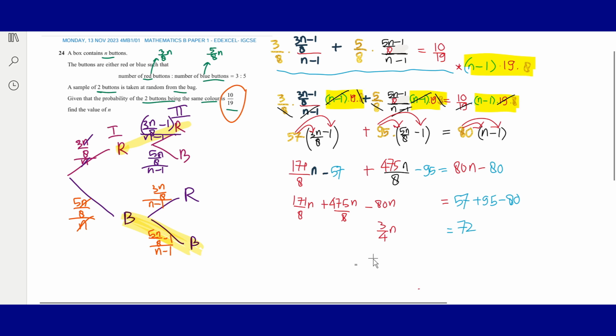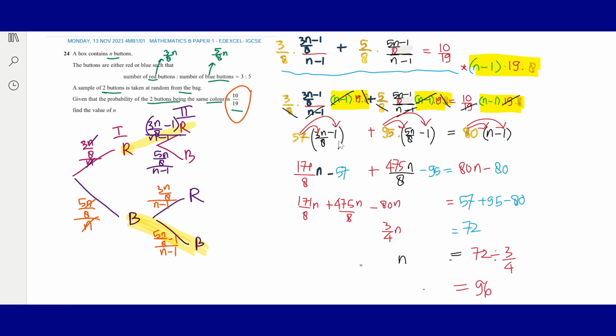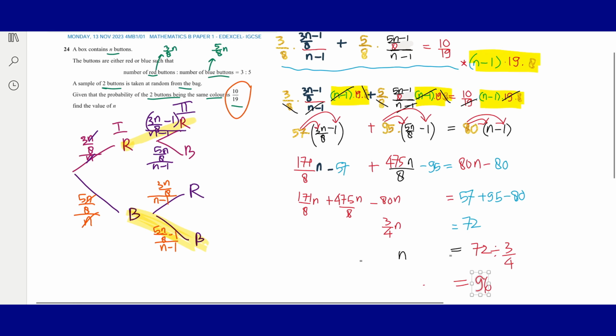So now n will be equal to 72 divided by 3/4, which equals 96. So n is 96. There are 96 buttons.